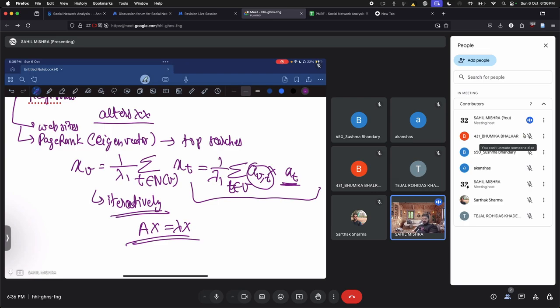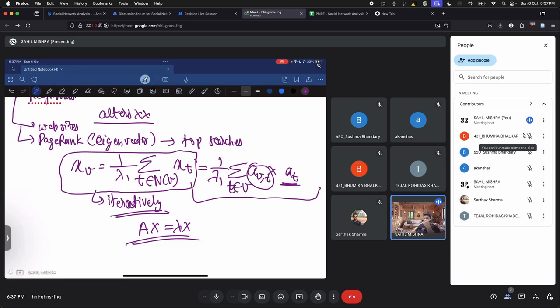This is just a weighted average of the eigenvector centrality of neighbors. And initially there will be something given. Say 0.1 is given to nodes with degree 1, 0.2 is given to nodes with degree 2.